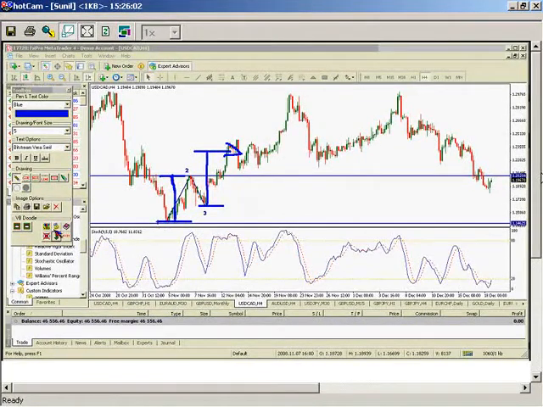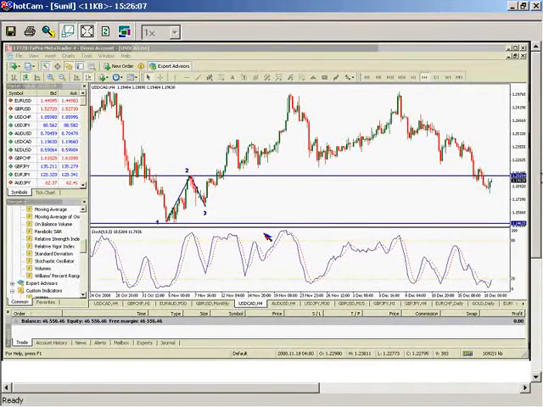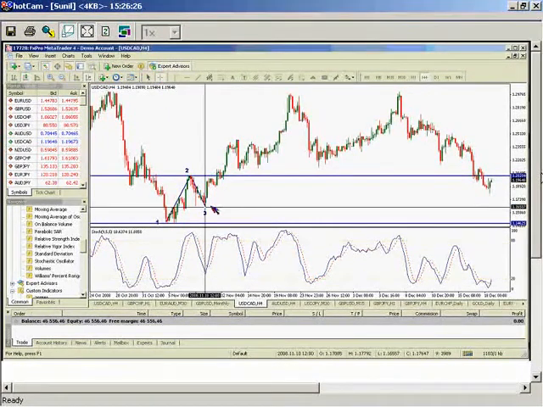Now let's calculate this. My high of 2 is 1.2020. The low of 1 is 1.1462. This gives me a move of approximately 560 points. I am going to add it to the low of 3.